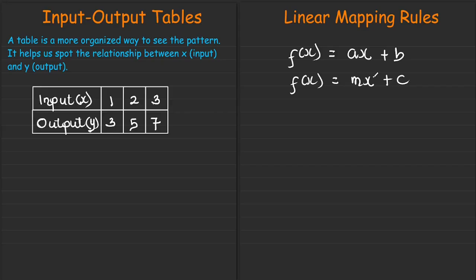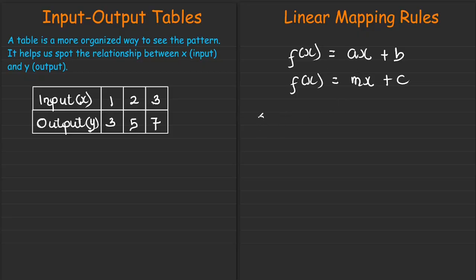The most important thing is you have your x, and with the x, there is a variable multiplying it. It could be a, it could be m, what have you. And your b, or the c in this case, is always the adjustment, what you want to add or subtract after multiplying.